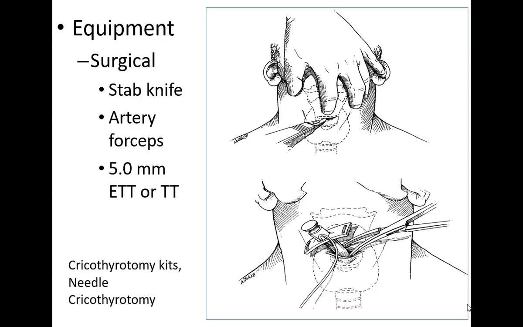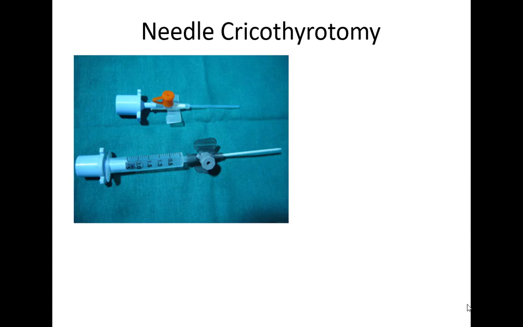This gives you a semi-permanent kind of airway through which you can oxygenate the patient, and later on you can convert it to a tracheostomy, because then it gives you time to get surgical help if required and do a proper surgical tracheostomy in these patients.